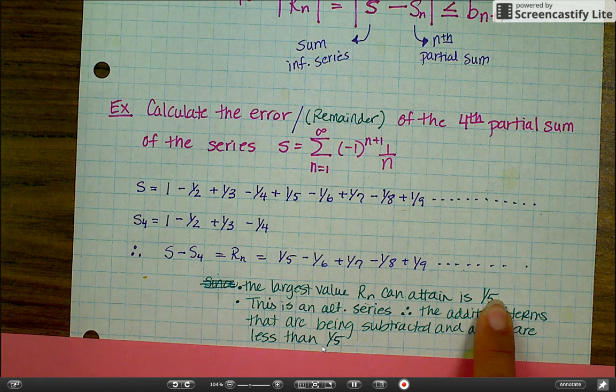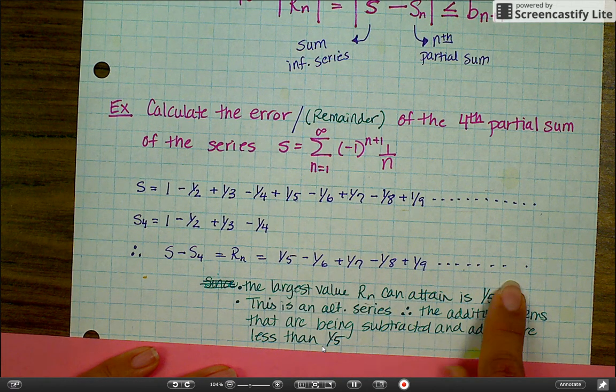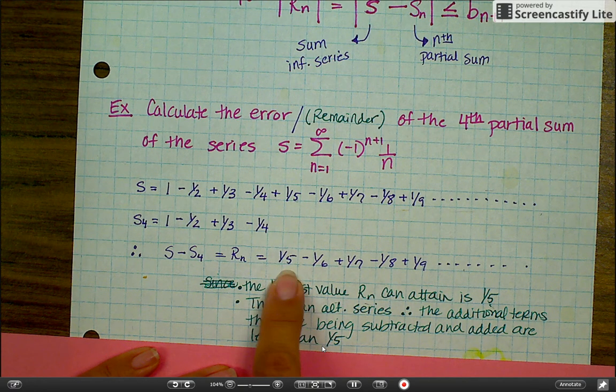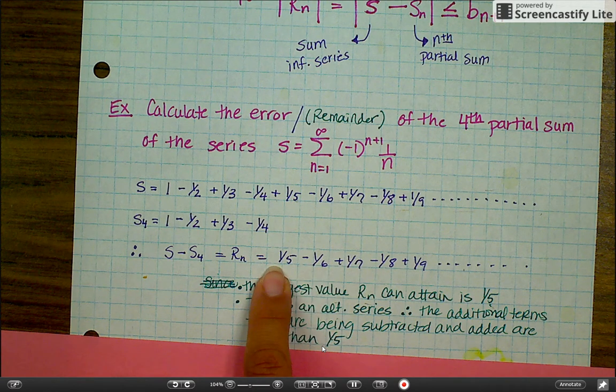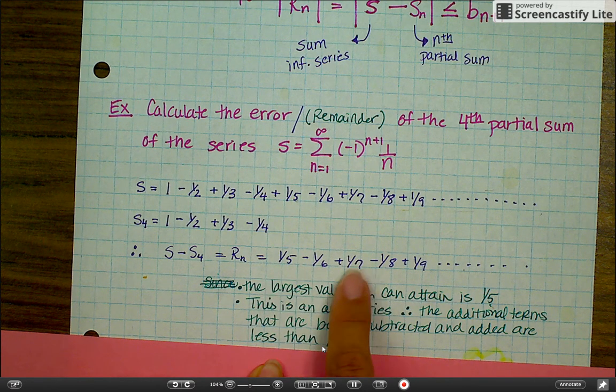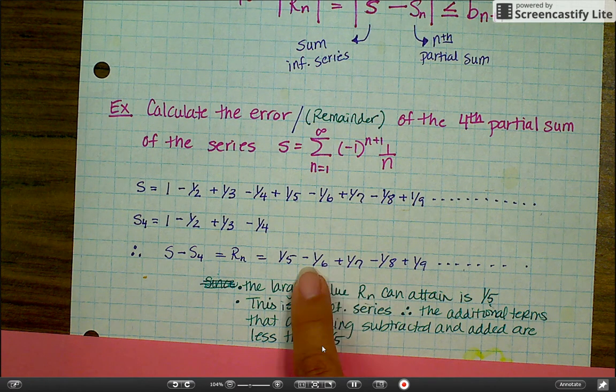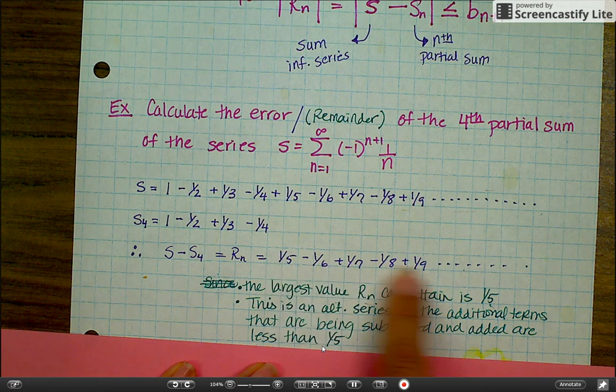It is 1/5, because I'm taking the sum of a convergent alternating series. So if I do 1/5, I'm going to subtract 1/6, which is less than that. So I'm going to take some of it away. And then I'm going to add 1/7, which is less than 1/6. So this is going to be decreasing.